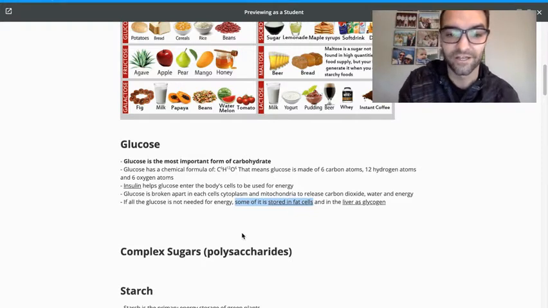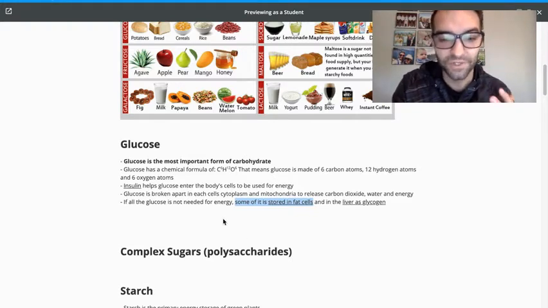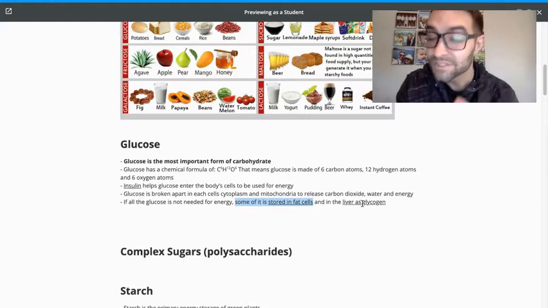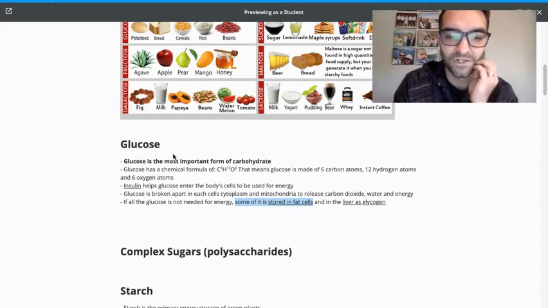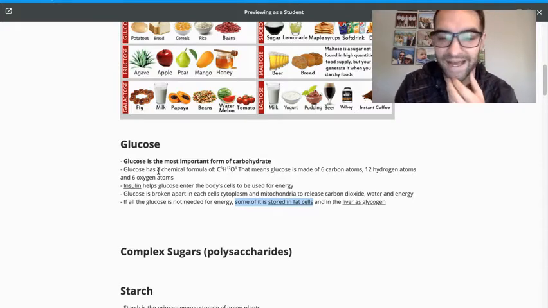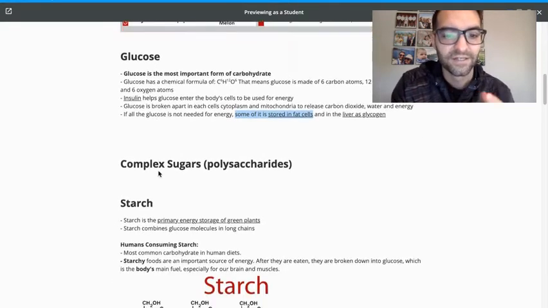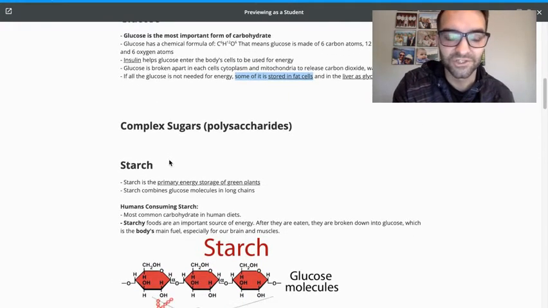So you think about consuming too much sugar, it gets transformed into fat, and some of it will also be transformed into glycogen, which we'll talk about here in a moment as well. Okay, so overview on glucose and how it interacts with the body. Very important to understand.